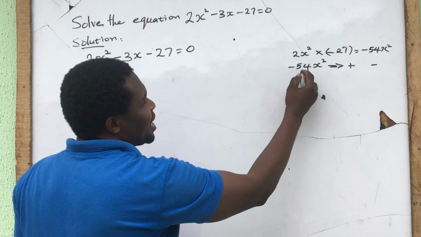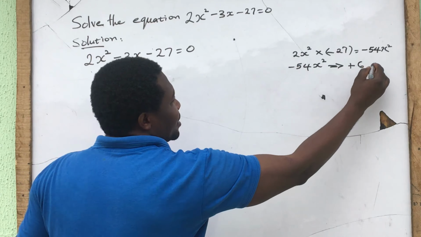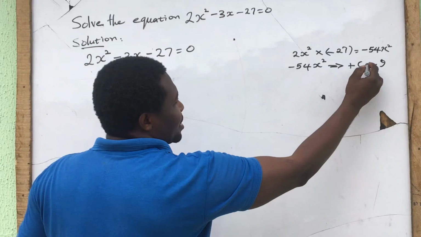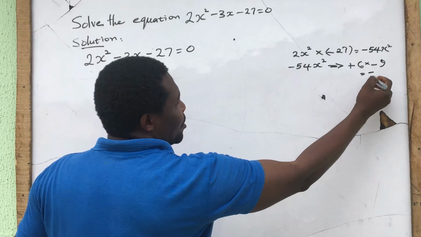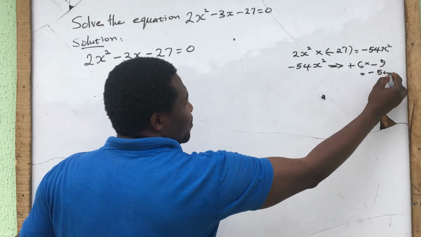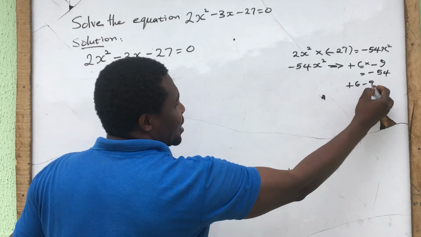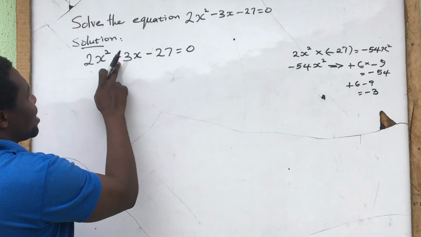So I'm going to look at it now. When we break this one down, 54, we are going to have 9 times 6. If you have 9 times 6, then you are going to have minus 54. Can you see that? And then when you have plus 6 minus 9, that is minus 3, which is this. So we are going to have minus 3 here.